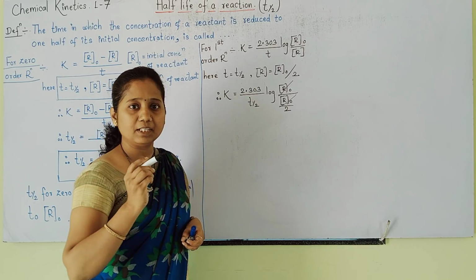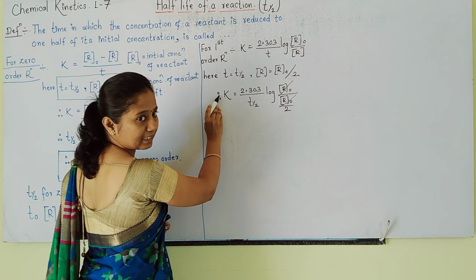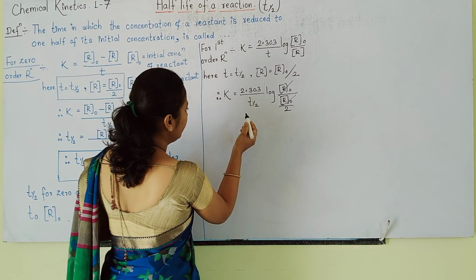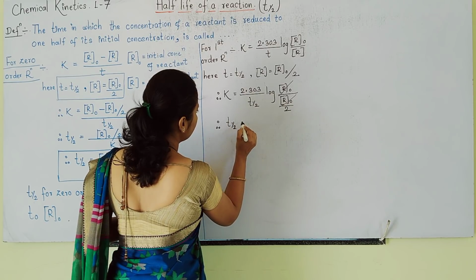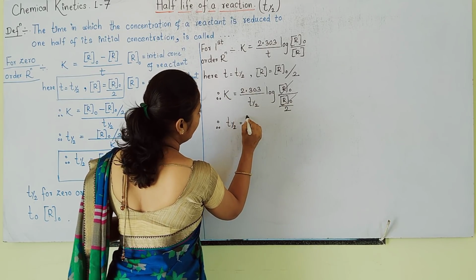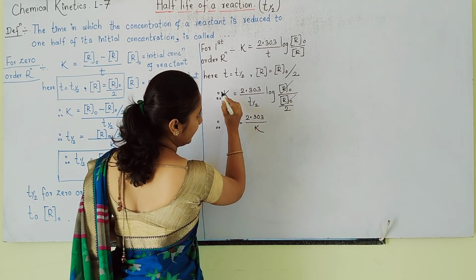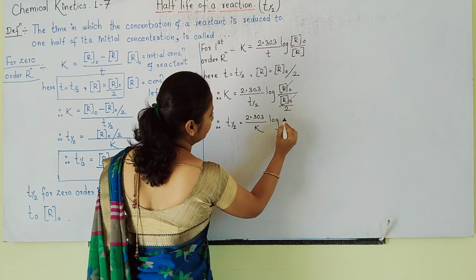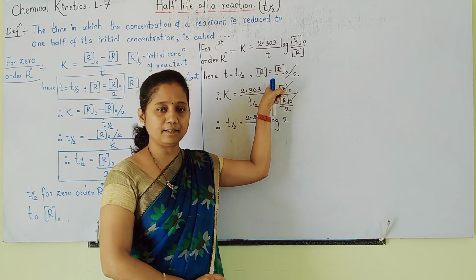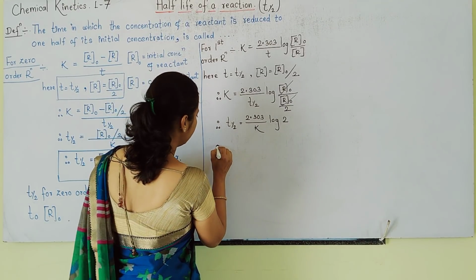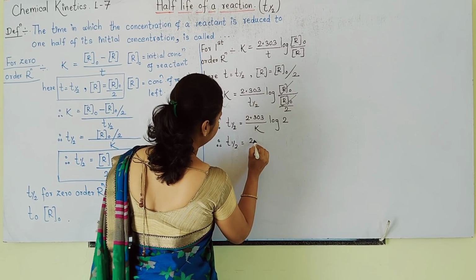I want to derive the equation for half-life, so I will take T half to this side, and K will go to the denominator. See, students, T half is equal to 2.303 by K log 2. R naught got cancelled, the 2 went upside in the numerator, and it became log 2. Students, what is the value of log 2?